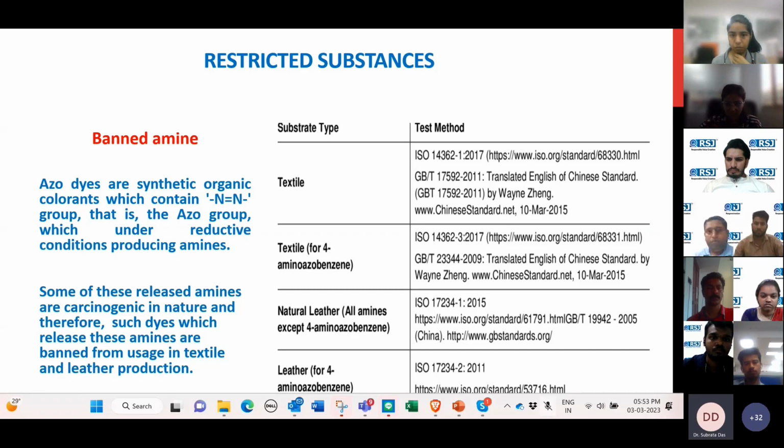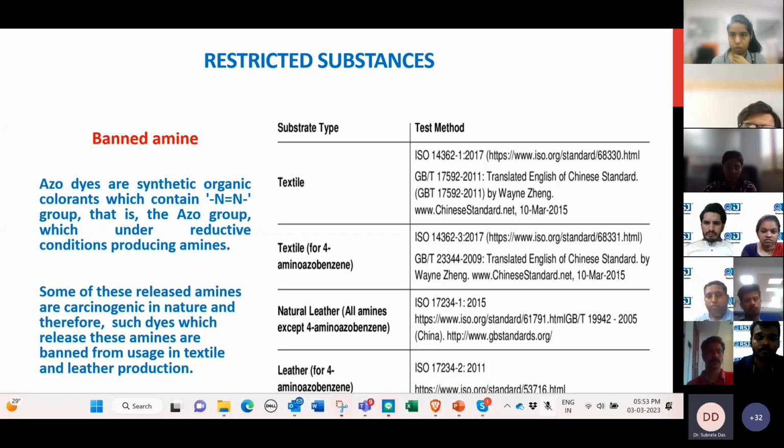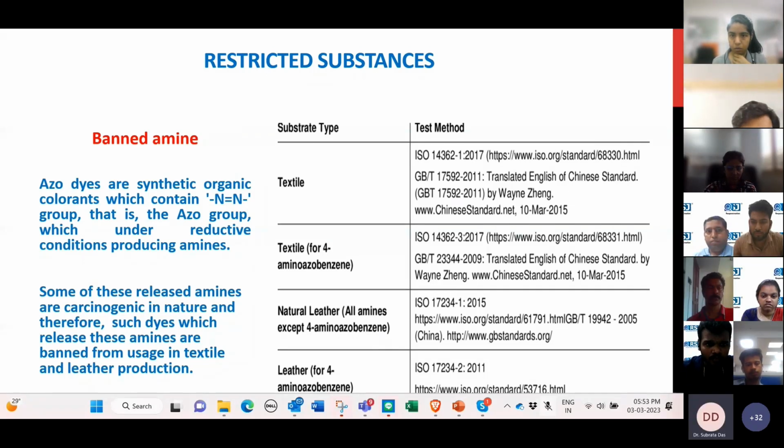Around 70% of the dyes available in the industry are azo dyes, which contain the N double bond N group. Okay, but not all azo dyes are banned. Only those azo dyes which release amines, that is aromatic amines, which are carcinogenic in nature, cancer causing, and such dyes release those amines which are banned from usage in textile and leather production.